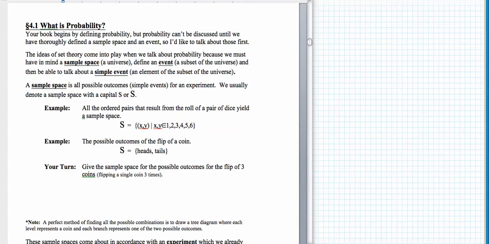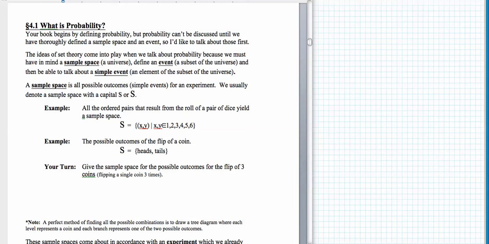That's kind of hard to understand, but I think maybe as we go along that will become a little bit more apparent. And a simple event is basically like an element in the subset of the universe. So it's the simplest way of describing an outcome that there is. And a sample space is all of the possible outcomes or simple events for an experiment.